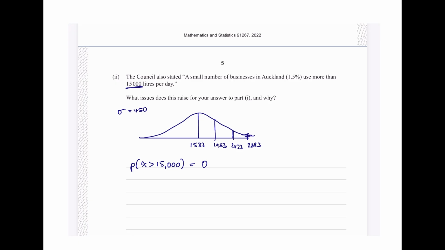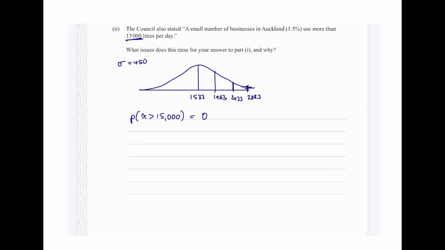Essentially, if we draw a new normal distribution, and we know that 1.5% are using more than 15,000. So, for example, assume that this is my 1.5% here, and 15,000 is my lower limit.